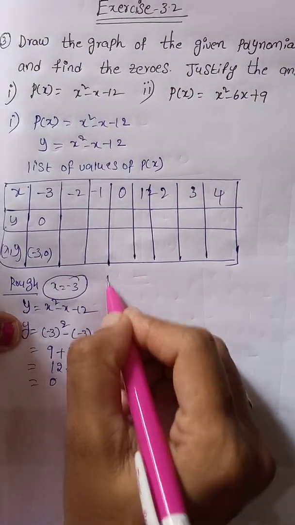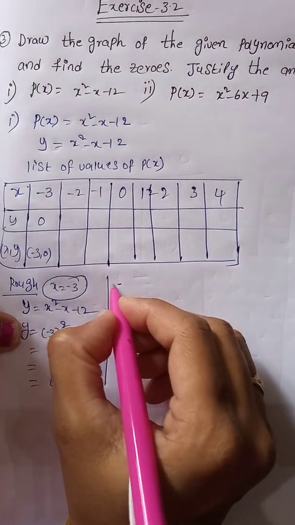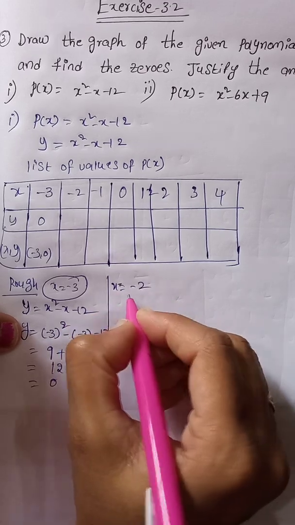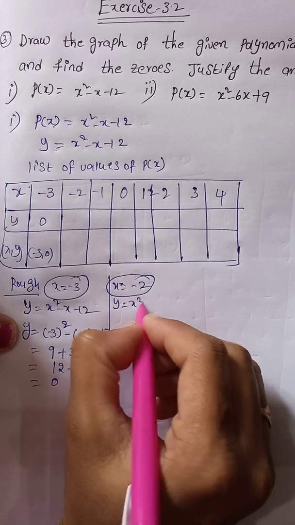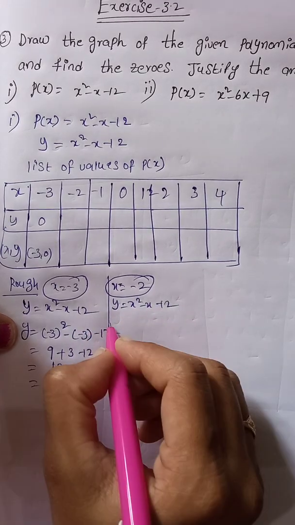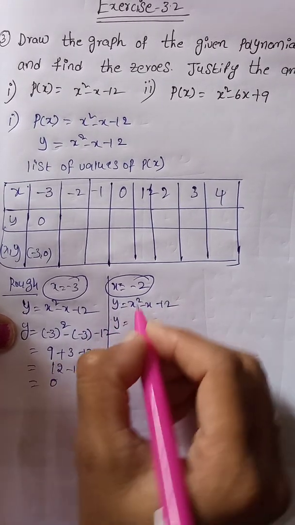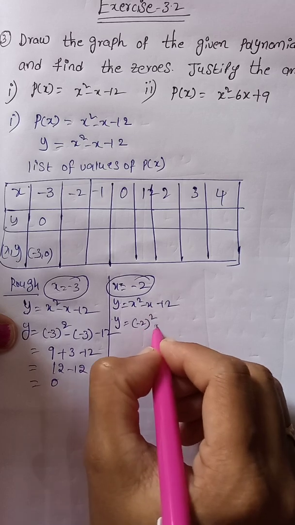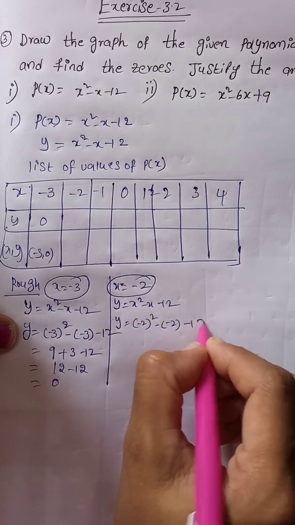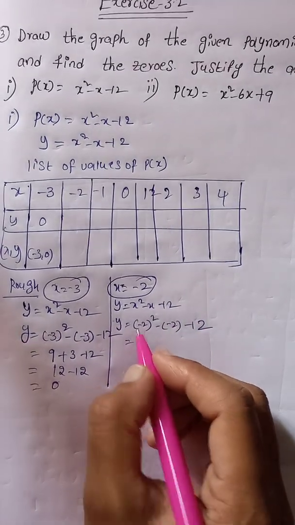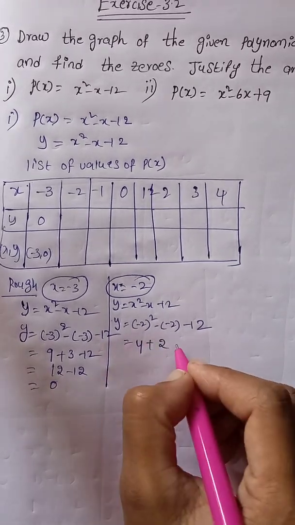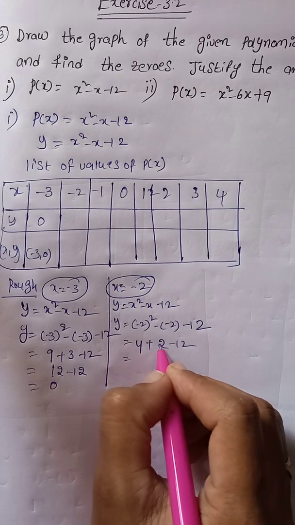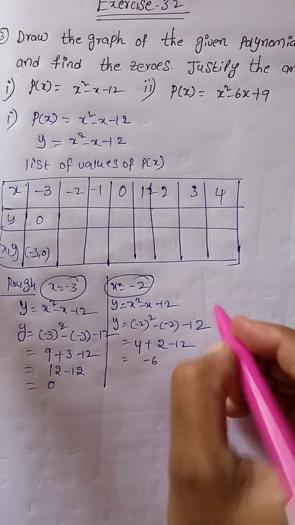Next substitute x equals minus 2. y equals x square minus x minus 12, so y equals minus 2 whole square minus of minus 2 minus 12. Minus 2 whole square is 4. Minus into minus is plus 2, minus 12. 4 plus 2 is 6, 6 minus 12 is minus 6.